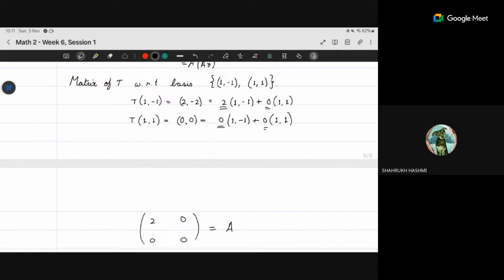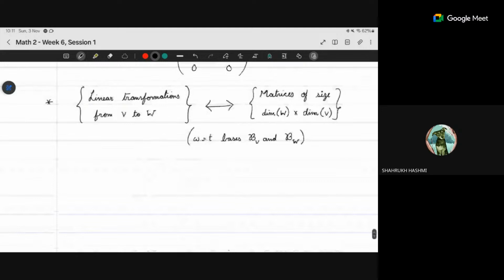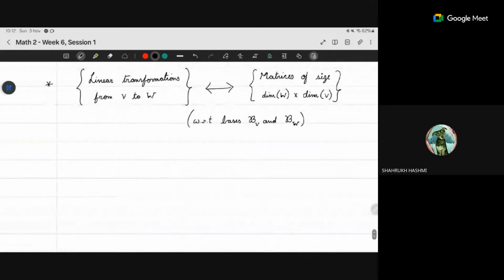If any transformation is used with respect to the basis of the domain, what do I mean by a matrix representation of linear transformations? A linear transformation is matrix multiplication. This is what it says.